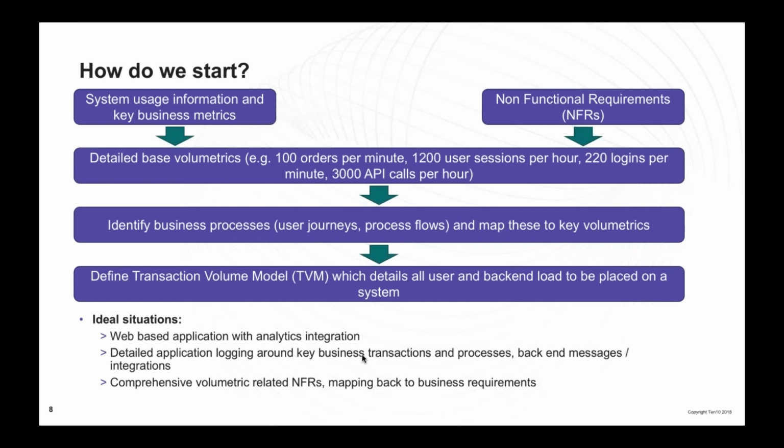And remember, we discussed this in the first webinar about setting response times with percentile value targets. So now we can start to process that volumetric information and the requirements we have, and turn that into transaction targets, i.e. it must process 100 orders per minute, it must support 1200 user sessions per hour, there must be 220 logins in a minute, 300 API calls in an hour.